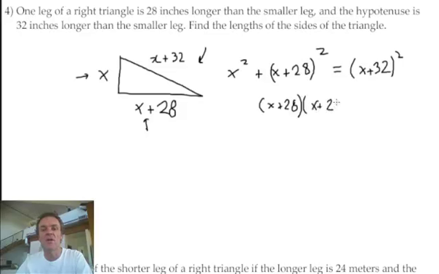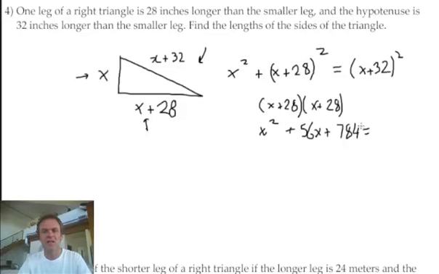So that will give me x squared plus 28x and 28x is 56x, plus, no flipping idea, I'm going to get a calculator out. 28 times 28, this is getting silly now, folks. What is 28 times 28? That equals 784. So plus 784.